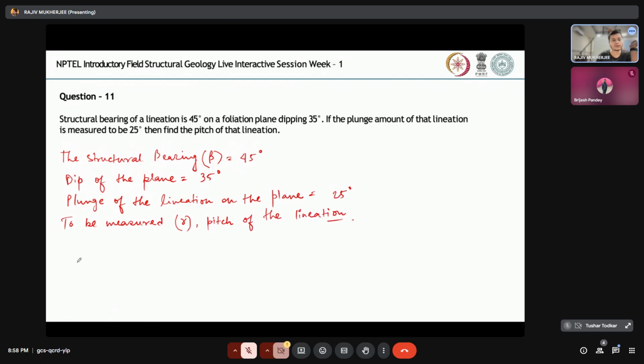Right. So in this case, the formula is cos of the pitch is equal to the cos of the plunge times cos of the bearing. Therefore, the pitch will be cos inverse of cos of P times cos of beta.